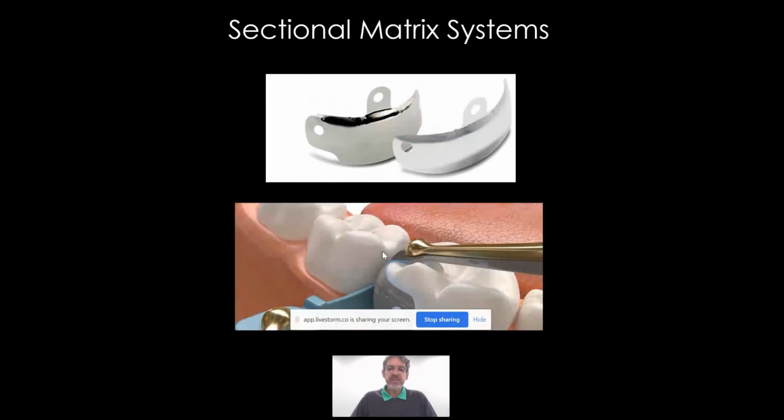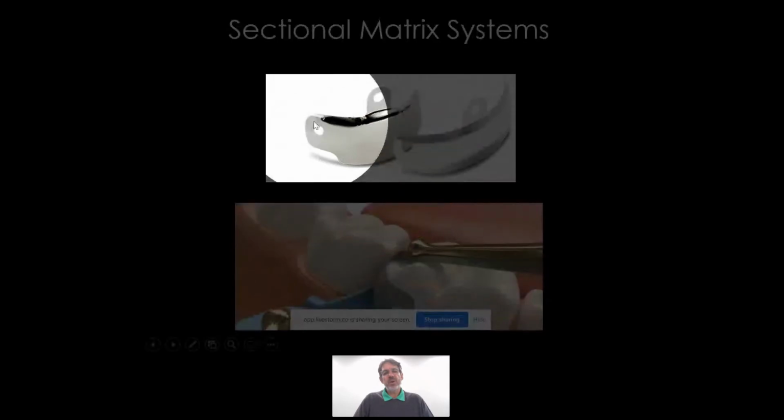When we look at the matrix bands, typically all matrix bands are approximately the same thickness, about 38 to 40 microns. And this was quite a novel idea by Triodent to put these little holes in the matrix band to facilitate placement and removal. The challenge with removal, though, is that these little holes are very close to the edge of the band.